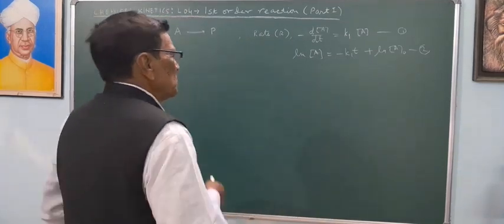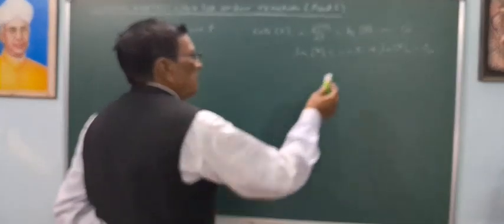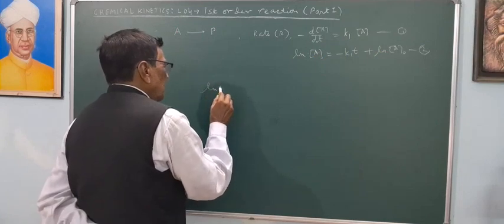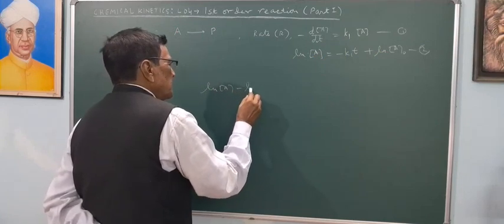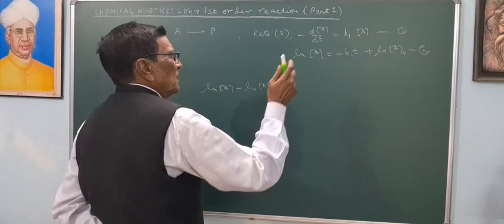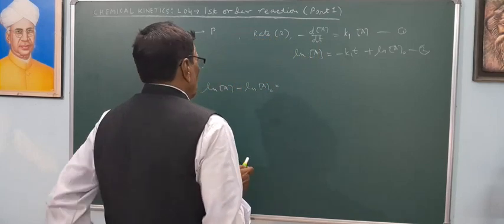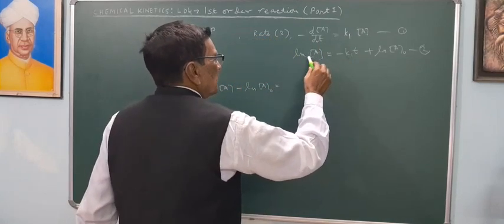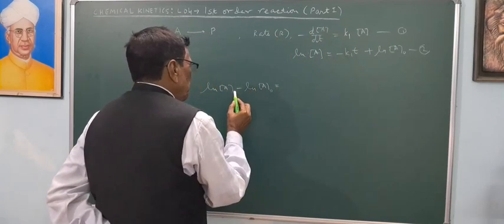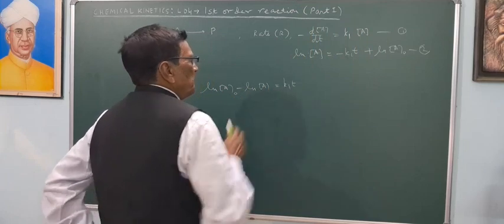So in this case also, if we bring this one here, then ln A minus ln A naught equal to, or if you bring this one here and this one there, then it will be 0 here, and A equal to K1T.